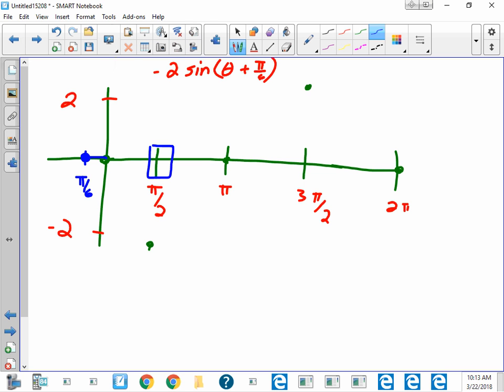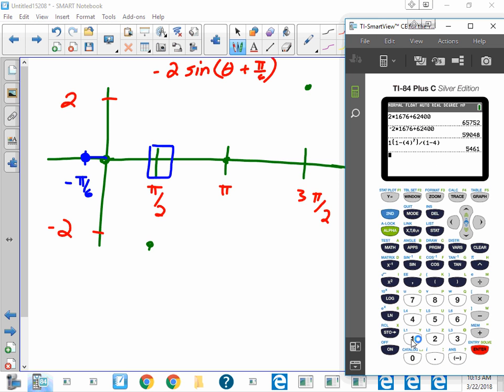You guys understand that? So this is negative pi over 6. What is pi over 2 minus pi over 6? So basically 1/2 minus 1/6 is 1/3. So right here, this point is pi over 3.